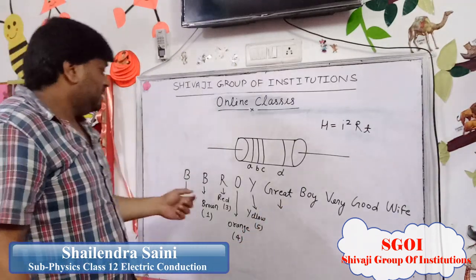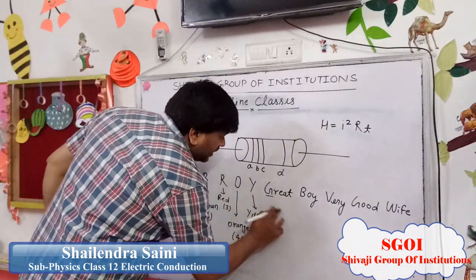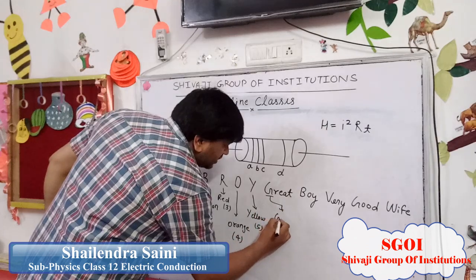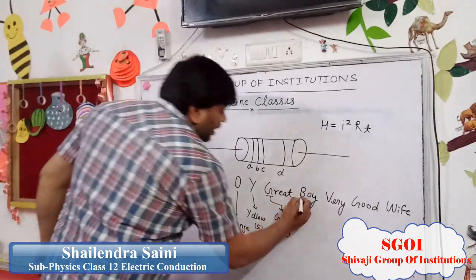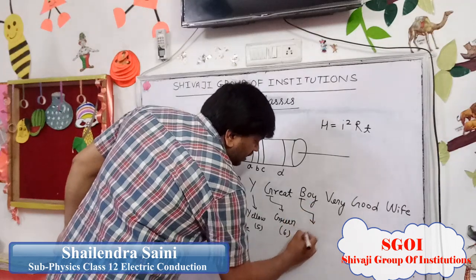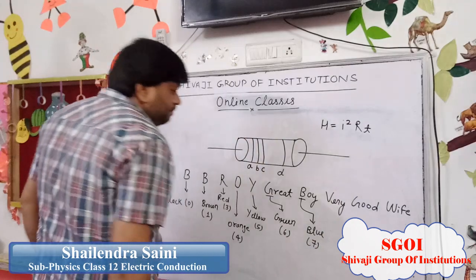For the word great, we are taking only the letter G, which stands for green, and the value is 5. From here we take B, and the color is blue, and the value is 6.